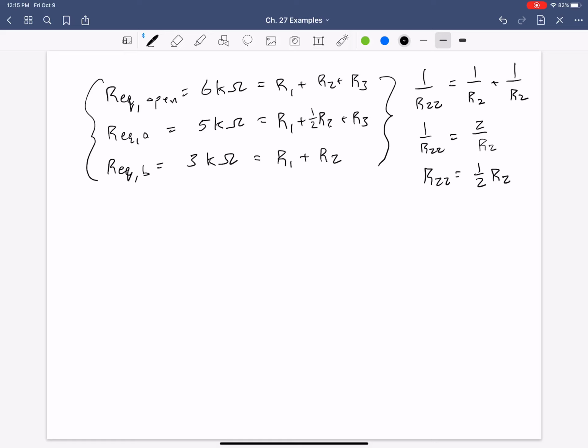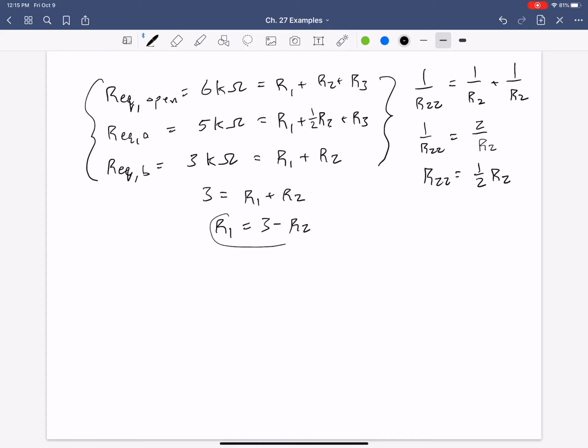So let me choose the third equation. That is 3 equals R1 plus R2. And so I'm going to solve for R1. So thus R1 equals 3 minus R2. This is what I mean.